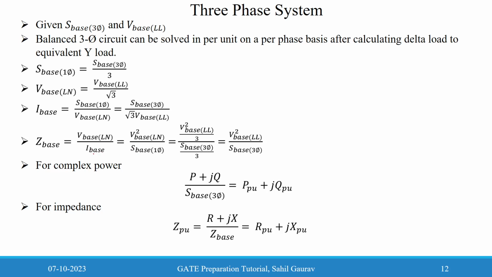Now we put the I base value, S base single phase divided by V base line neutral, from the upper expression. So we get V base line neutral square divided by S base single phase. Now we put V base LN as V base LL divided by root 3 whole square, and S base single phase as S base 3 phase divided by 3.